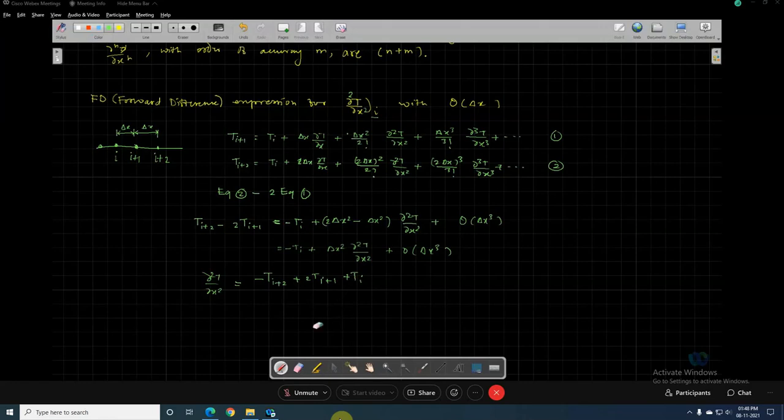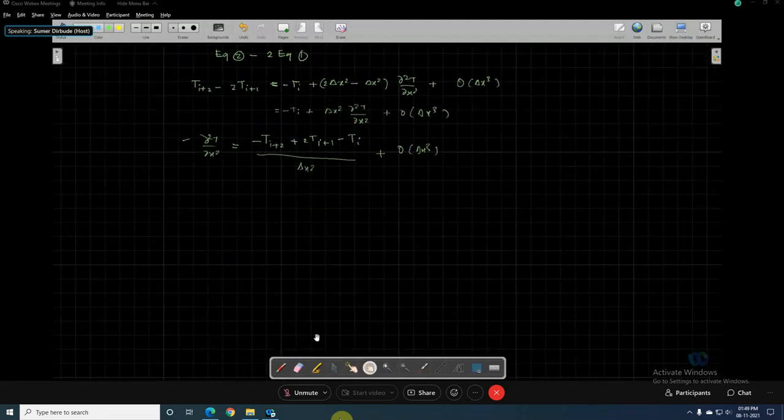This is minus, right? We are taking this side, and this is minus, and we are dividing it by delta x square also. Plus order delta x square.